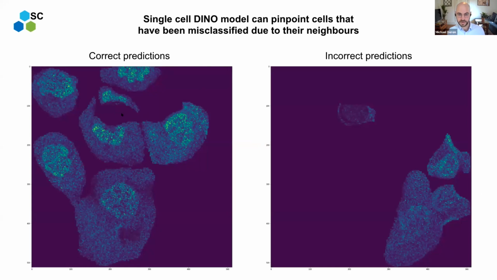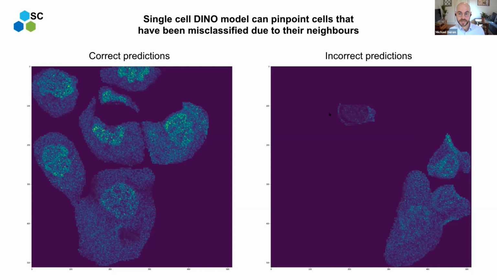So you see that this cell was supposed to be here, this cell was supposed to be here, etc. On the left are all the cells that received correct predictions using our classifier on the Dino features, and all of these cells received incorrect predictions for each specific cell compared to when tested on the class of the entire culture. And what I think you can see is that visually there seems to be some difference between these incorrect prediction cells and these correct prediction cells.